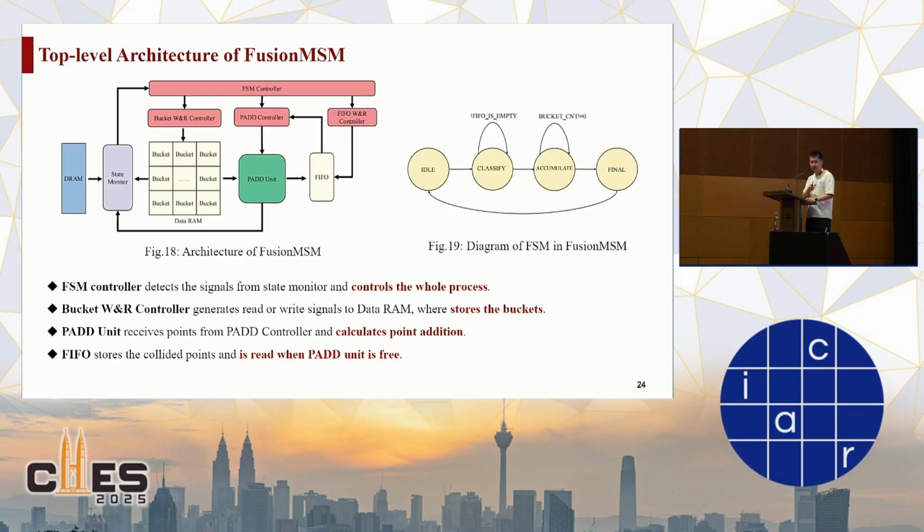The DRAM is responsible for storing the points on the BLS12-377 curve, and the coordinates of a point are input into the structure in one clock, and the scalar is input with it.